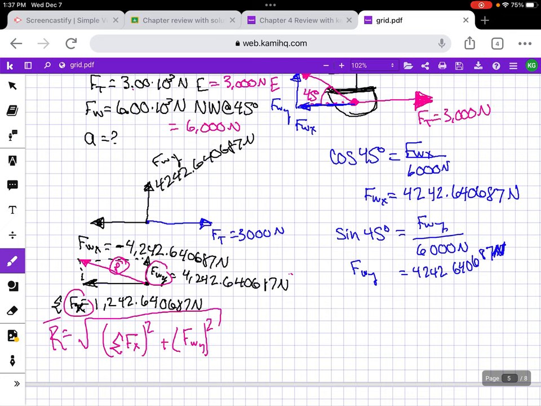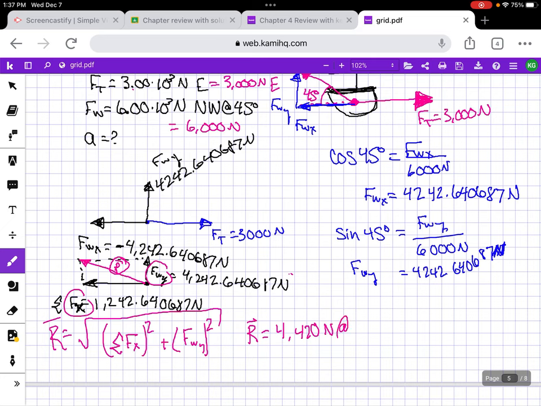Square root of that will give me a resultant force of 4,420 newtons. That's with 3 sig figs, so that's why I rounded off that way.